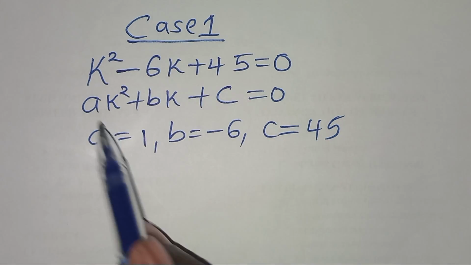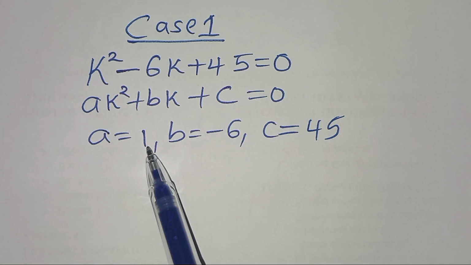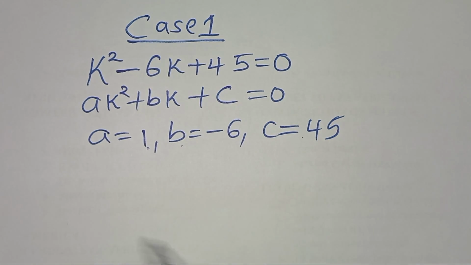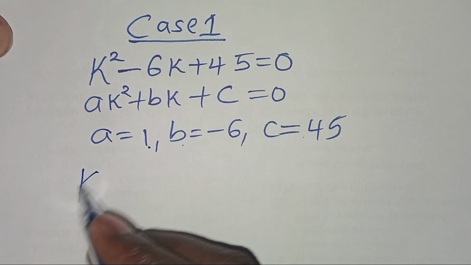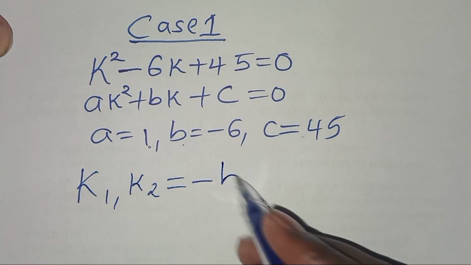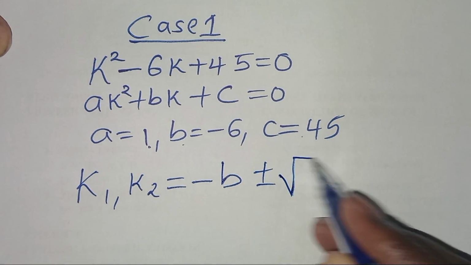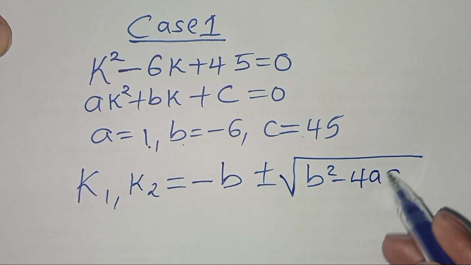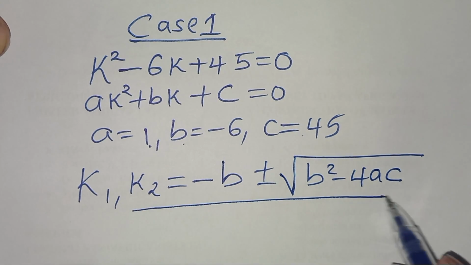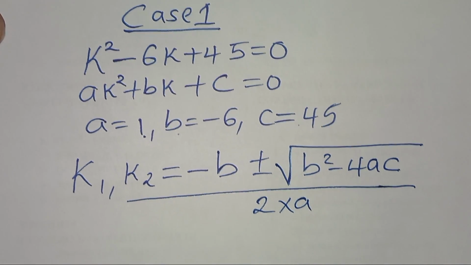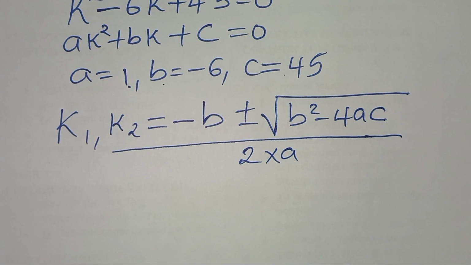Applying the quadratic formula, we have that k1, k2 is equal to -b plus or minus the square root of b squared minus 4 times a times c, all this divided by 2 times a. Let's substitute the values of a, b, and c.